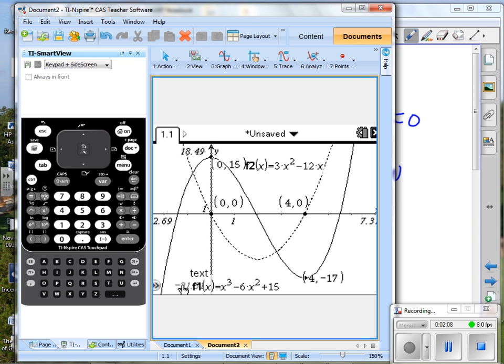Now, and this is where the if comes in, if I said between, let's say, -1 and, let's say, 4, is there an absolute extrema on this function?